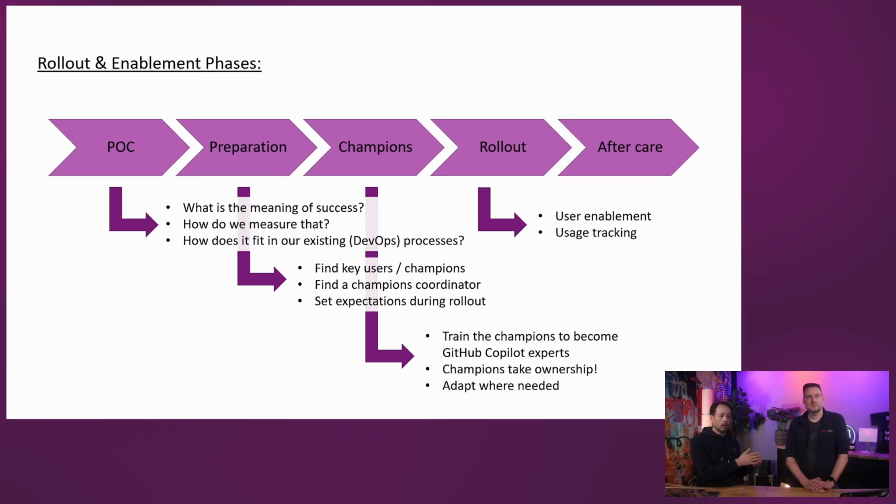So we take a look at how the adoption grows. There are metrics available from GitHub to see adoption, to see how much people are using inline completions, how much people are actually using chat, which models are used, which IDEs are used. There are so many indicators already, certainly in this adoption phase, to take a look at.